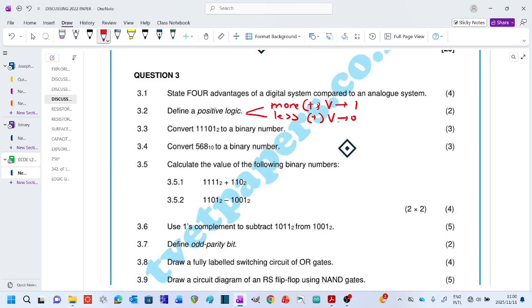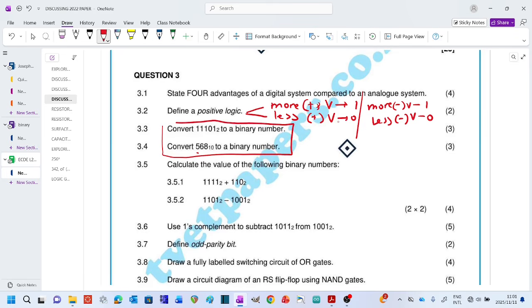That's a positive logic. If they ask you about a negative logic, you say a more negative voltage represents a 1, and a less negative voltage represents a 0. So that's how it is. It's so easy. 2 points, I can say, for free. So we have 2 questions here.